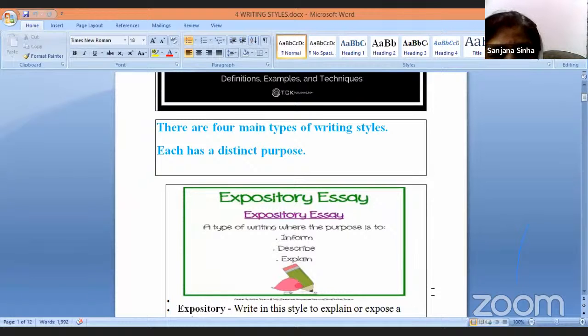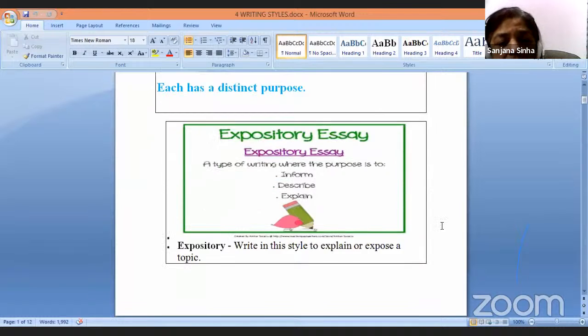It is all up to you. In business English, there are situations where you will need to write only the expository. There can be situations where you need to write in persuasive style. So what are these four styles of writing?